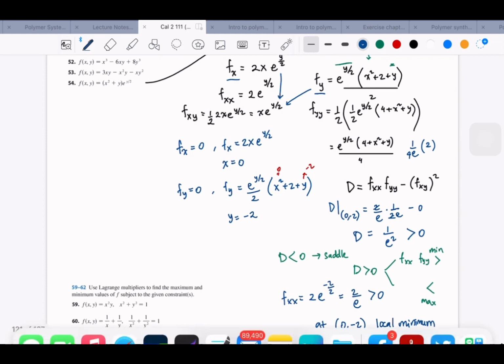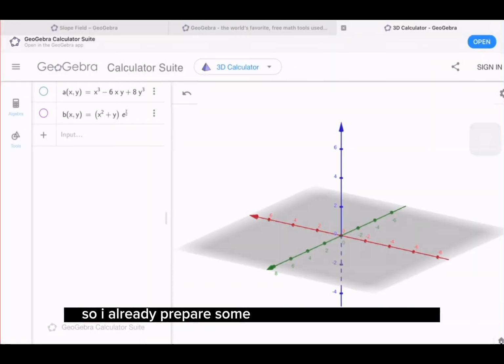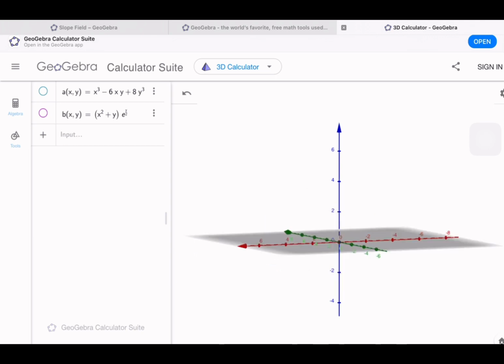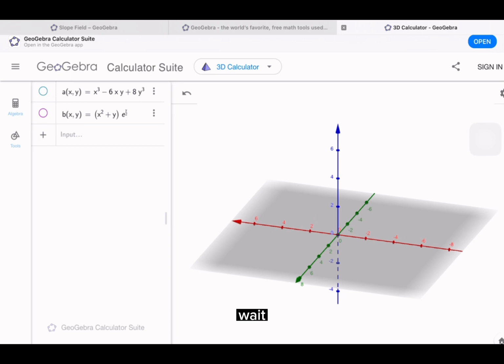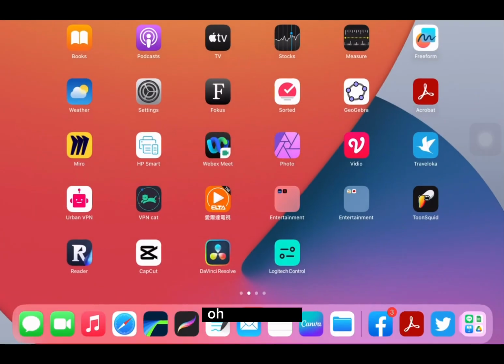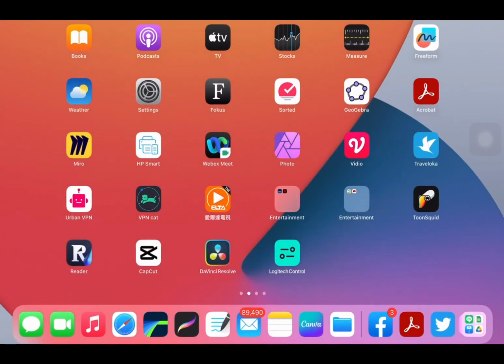Okay. So I already prepared some graphs here in GeoGebra. I think it is not really showing. Wait. It's not showing. Okay, good.